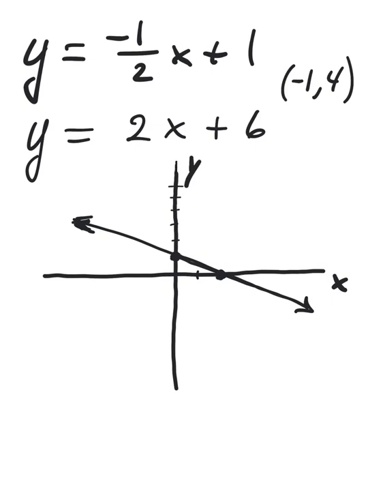So if we go up 2 more and over 1, okay, so let me mark off 1, 2, 3, 4, 5, 6. I need to color code this one. All right, so we've got 0 and 6. If we go up 2 and over 1, that puts us up here at 1, 8.